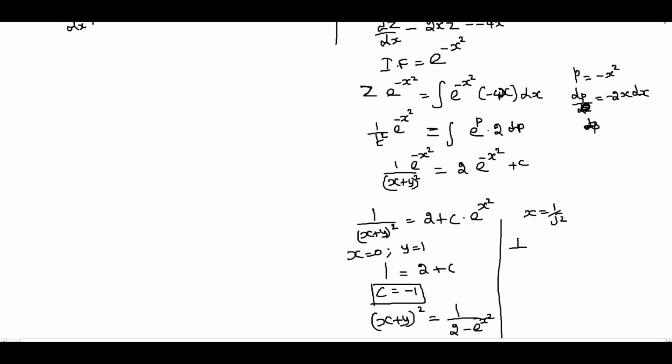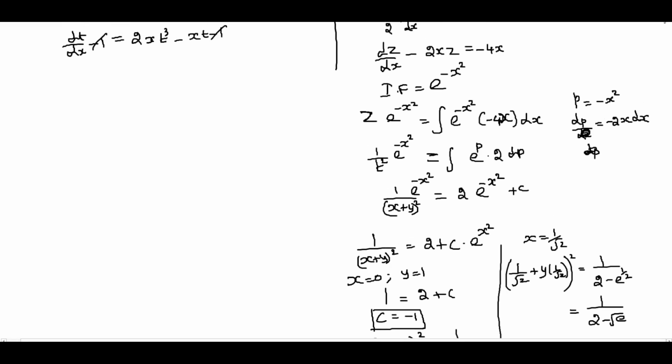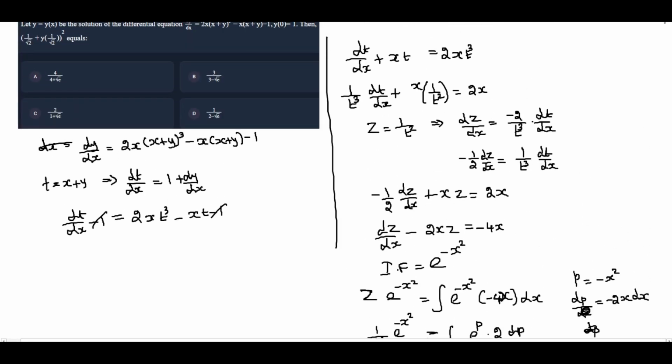So (1 by root 2 plus y of 1 by root 2) whole square is equal to 1 by (2 minus e power 1 by 2). Okay, so 1 by 2 minus root e, answer D.